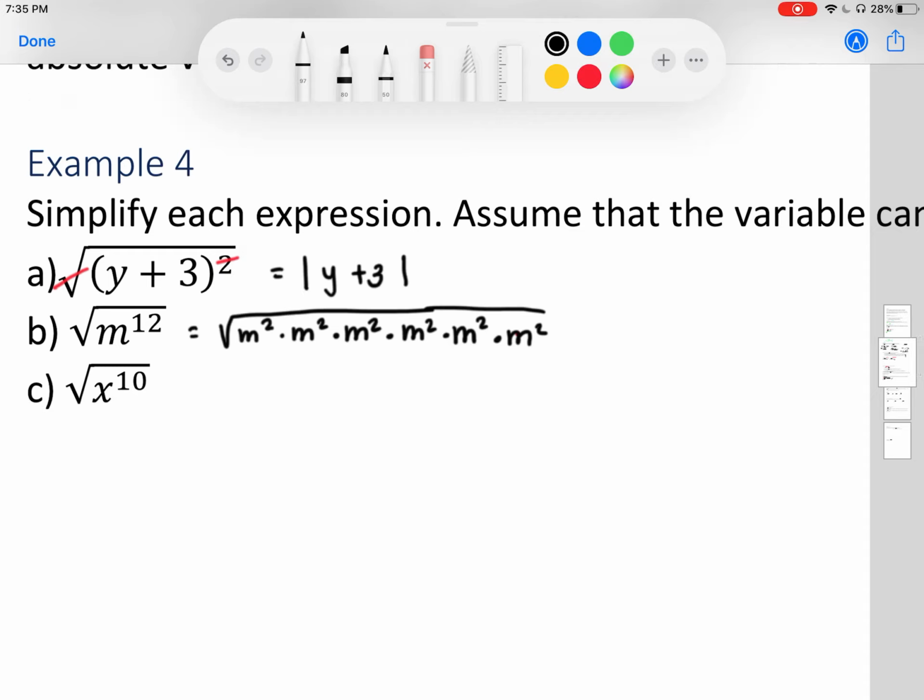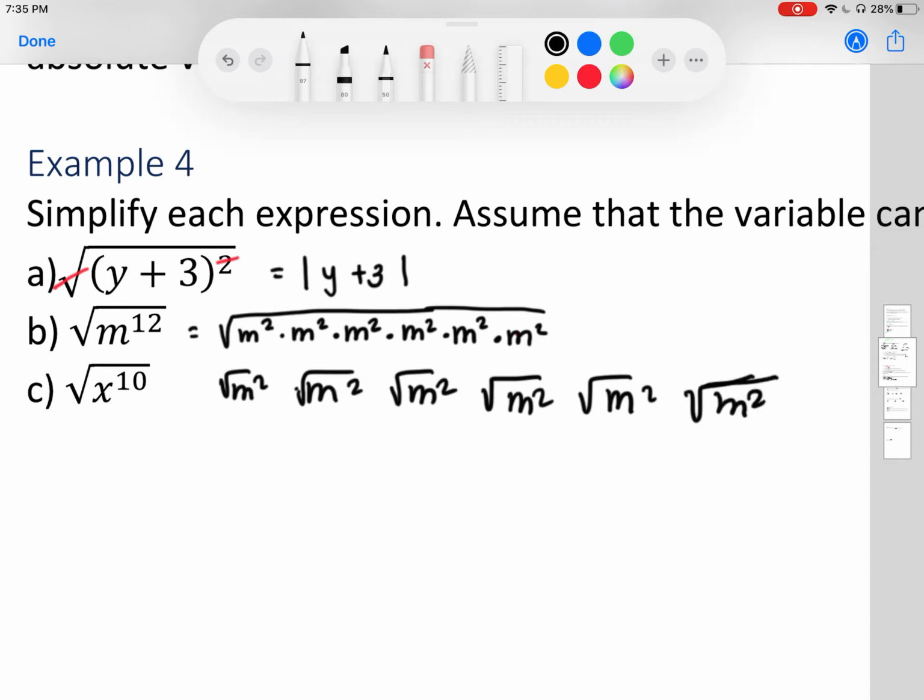And if I split this up into radicals, I have the square root of m squared, and so on. And don't worry, I'll walk you through it so that you don't ever have to write this many square roots again.